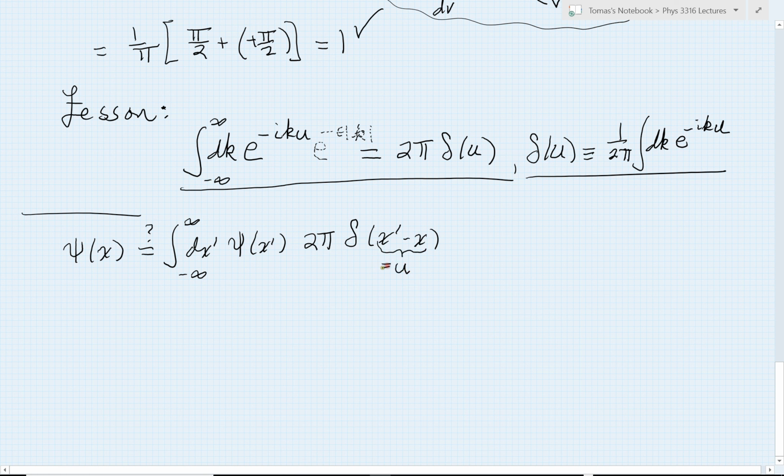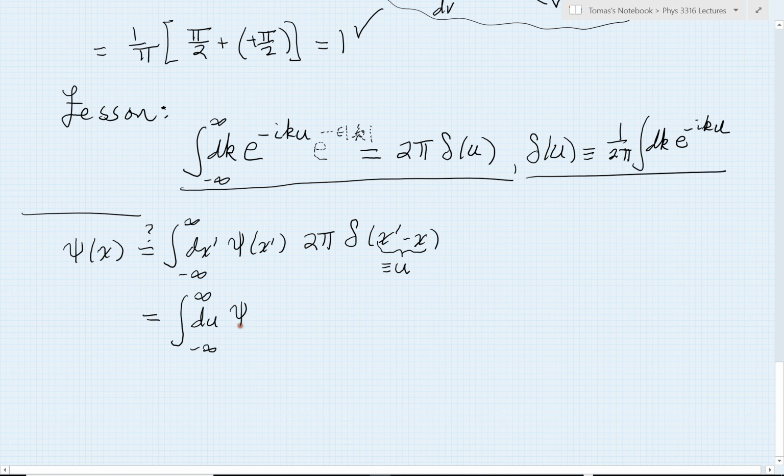So I will define that again as u, and I will rewrite my integral in terms of u. So this integral that I'm hoping will give me psi, I know actually will equal integral, and again, du will be dx prime, so this I can rewrite as du. My limits of integration were out at infinity, so shifting by x isn't going to change that fact.